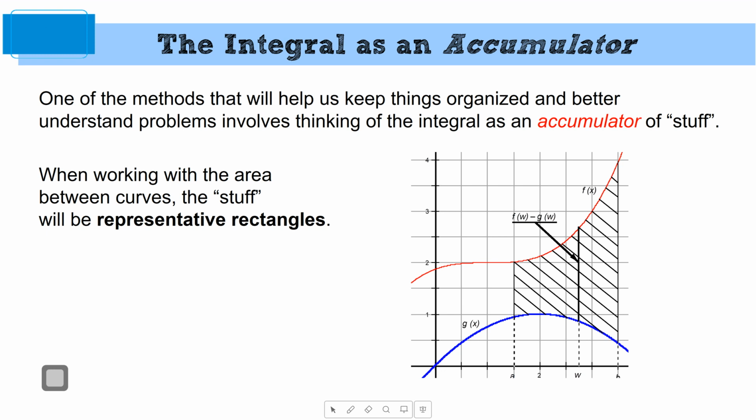So finding the area of that rectangle is a matter of length times width, or base times height. The height of that rectangle is really easy. In this case, it's f of w minus g of w. Top minus bottom comes up again. The question is, how wide is that rectangle? How wide do you think I want that rectangle?